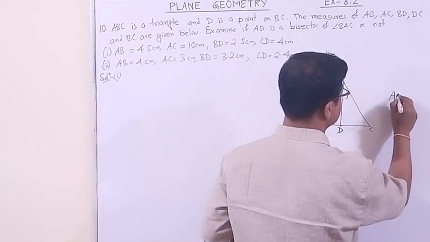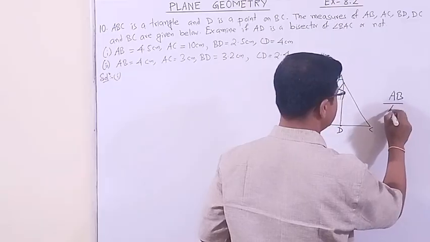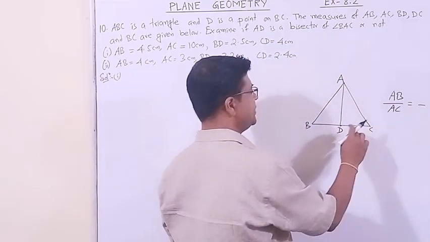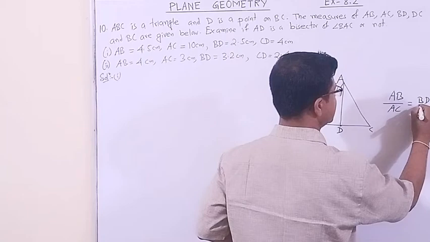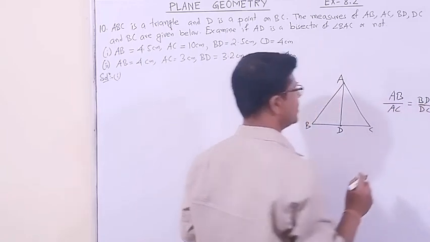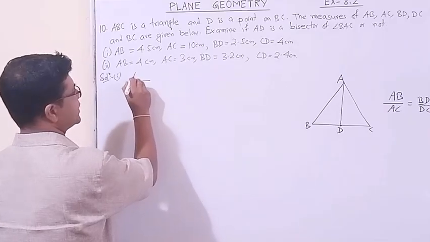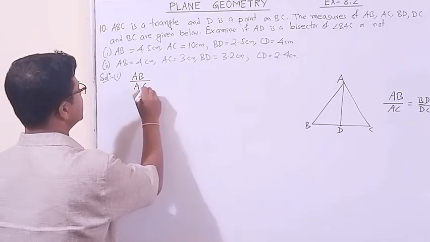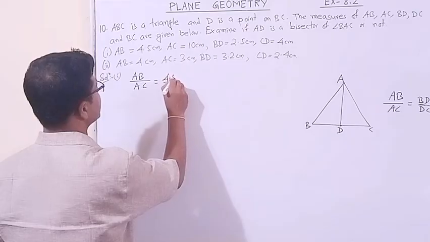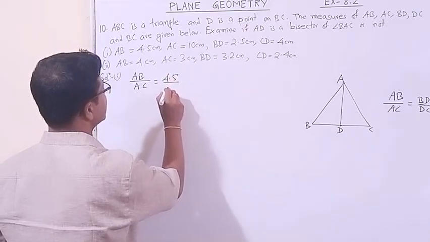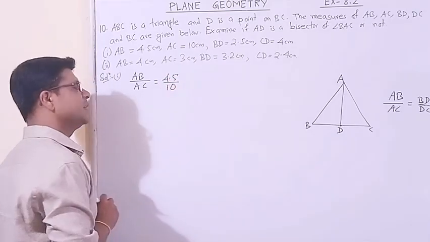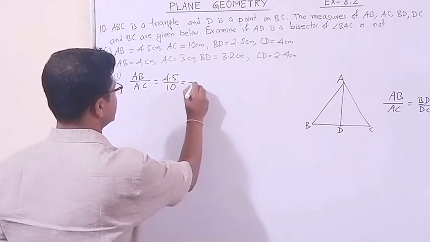If it is an angle bisector, AB by AC should be equal to BD by DC. We have to check whether these two ratios are equal or not. At first, AB by AC: 4.5 centimeter by 10 centimeter. Correct? Okay, you can do it here also.